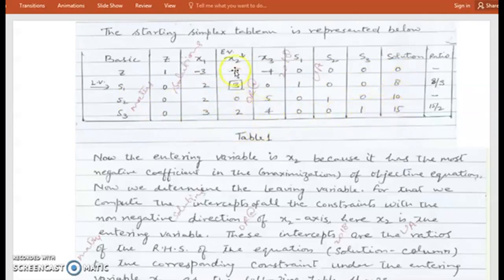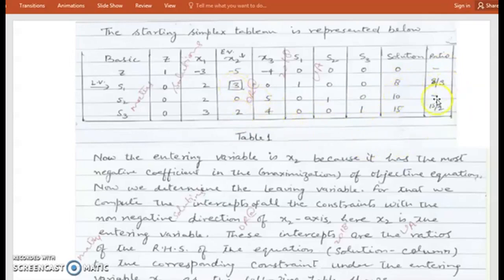Now we see which one is the most negative. -5 is the most negative, so this becomes the entering variable, and the corresponding column becomes the pivot column. Now we have to find the leaving variable. We find the ratio by dividing the solution by the corresponding element of the pivot column.